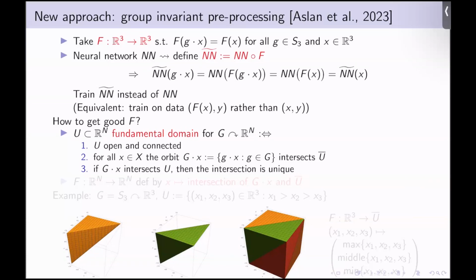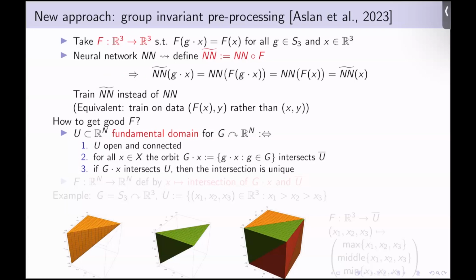It needs to be open and connected, and every orbit, so for all x, the orbit gx should intersect the closure of U. And if an orbit intersects the interior of U, then this intersection must be unique.